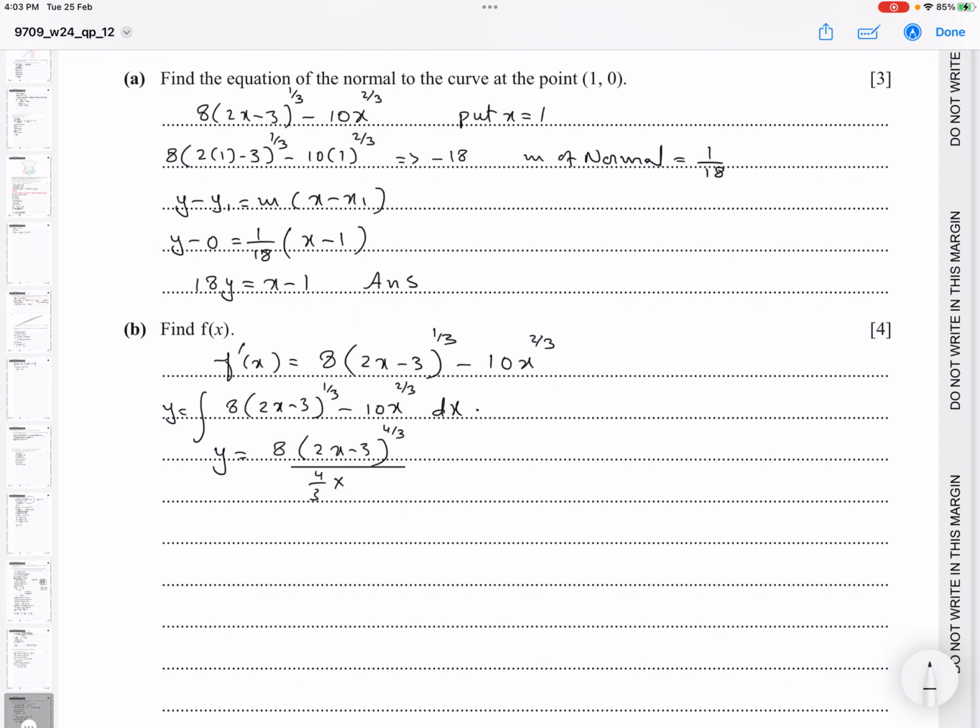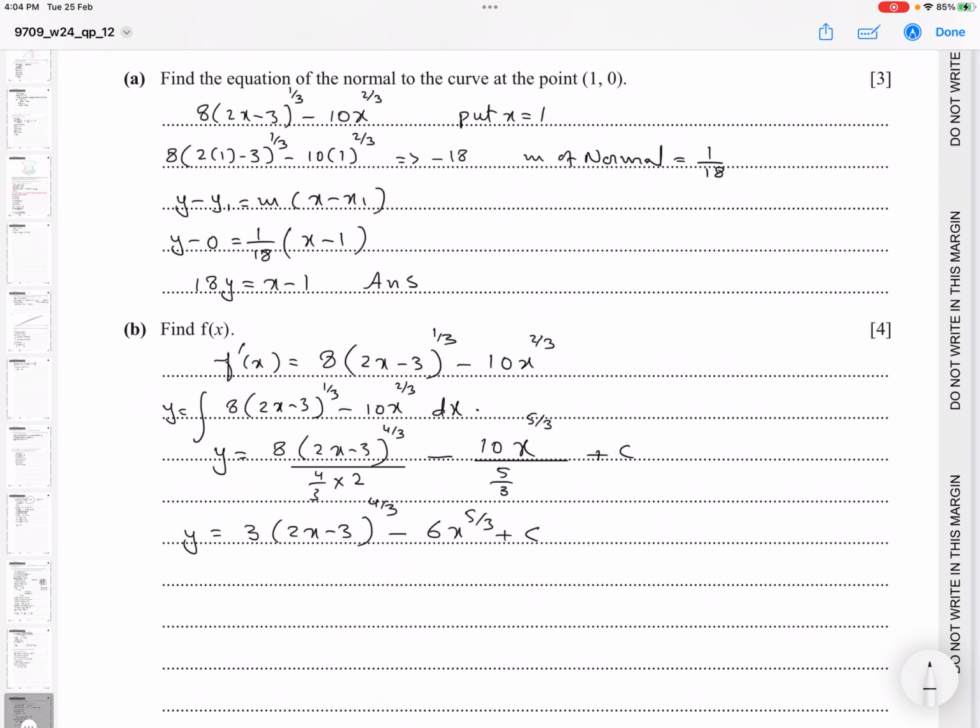So differentiation of 2x minus 3 is 2, write it here, minus 10x, you add 1 to 2 over 3, you get 5 by 3. Divide this by the same 5 by 3 plus c, because there is no limit, so you have to write c. Now simplify this: y is equal to 3(2x minus 3) power 4 over 3 minus 6x power 5 over 3 plus c.